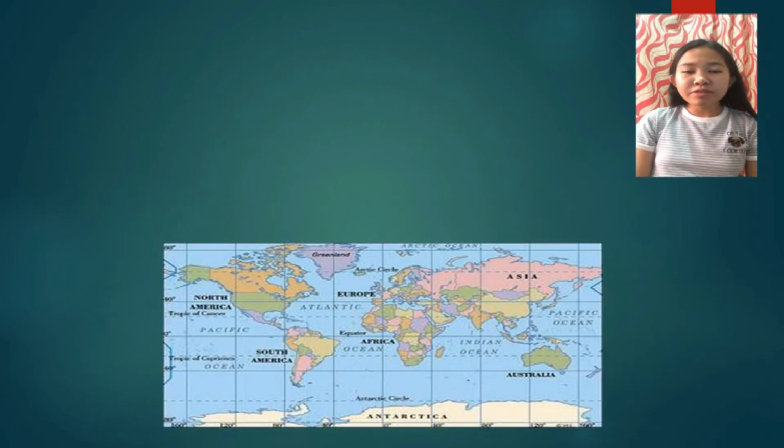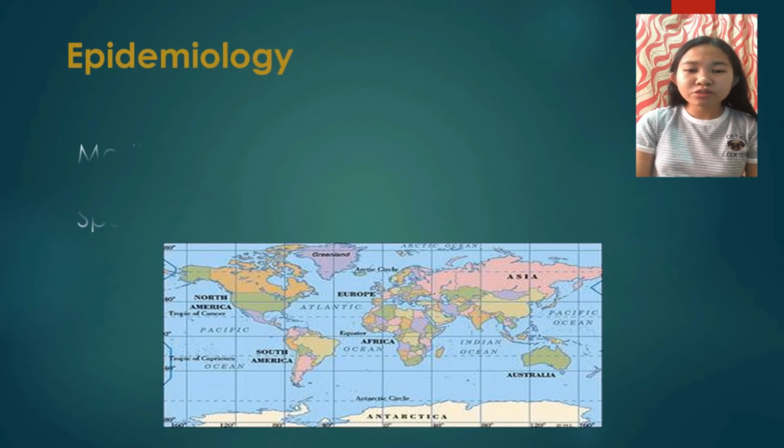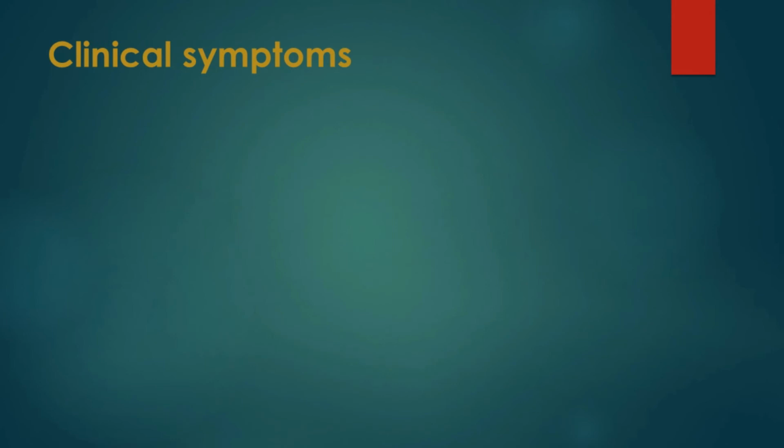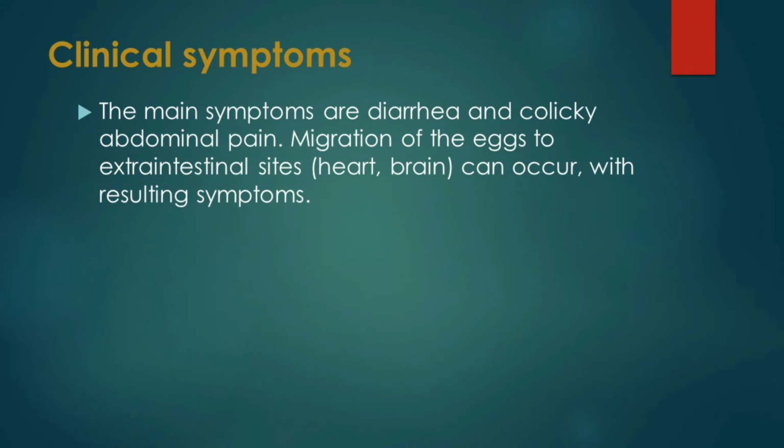The epidemiology is mostly in the Far East as well as Siberia, Manchuria, the Balkan states, Spain, Israel, Japan, and Taiwan. The clinical symptoms are diarrhea and colicky abdominal pain. Migration of the eggs to extra-intestinal sites such as the heart and brain can occur, resulting in symptoms.